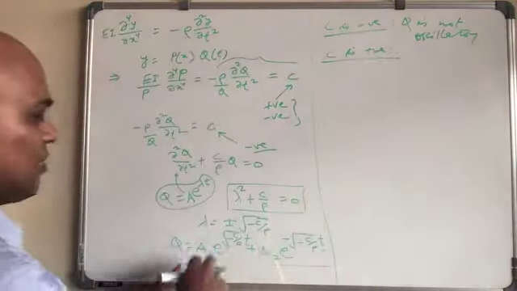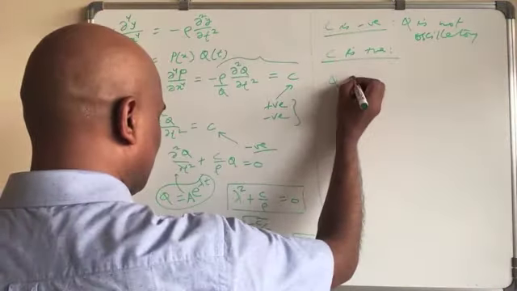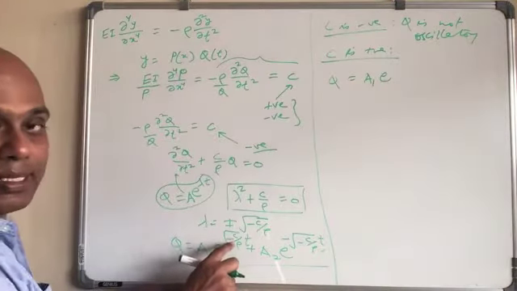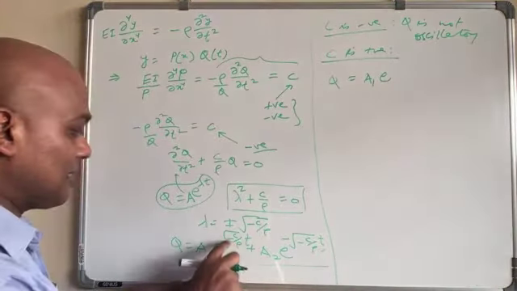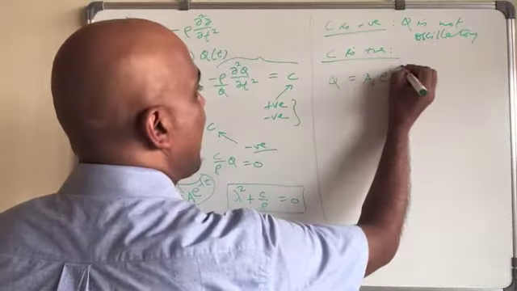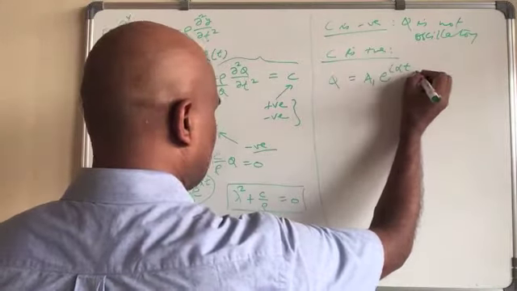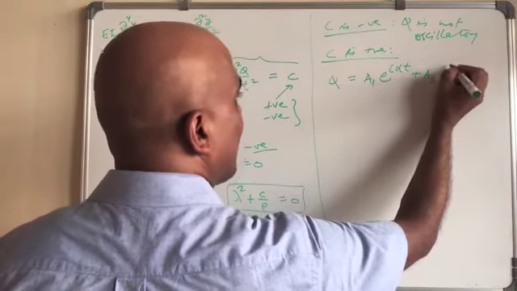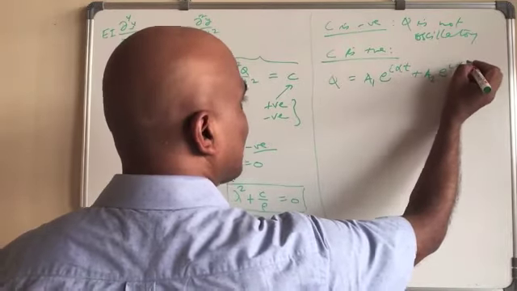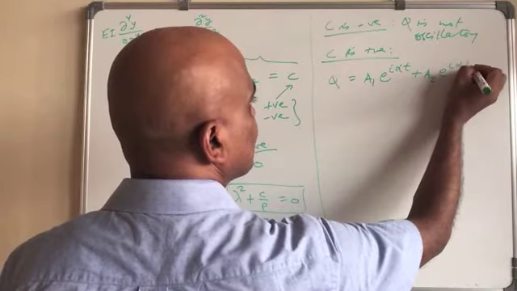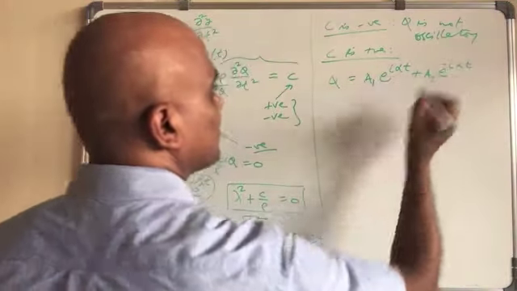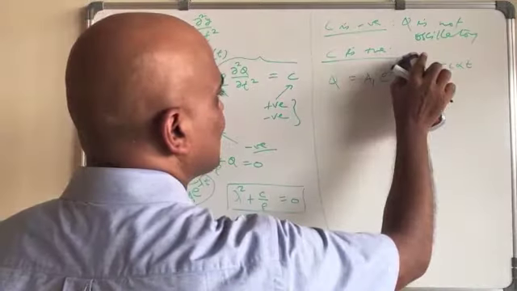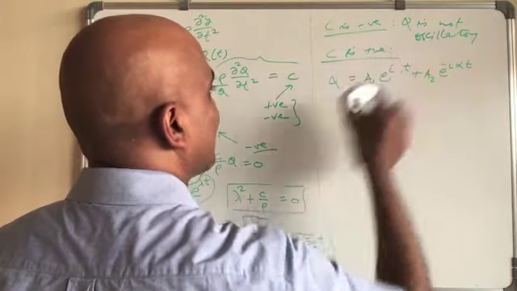In this case C is positive, so what happens? Q equals A1 e to the power i alpha t plus A2 e to the power minus i alpha t. In fact you can also write omega, that's what we actually got.